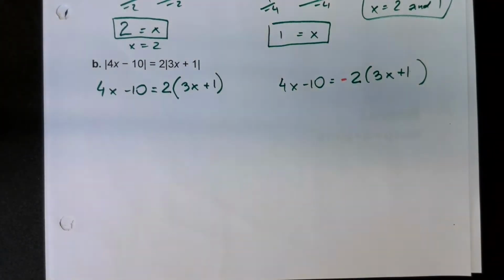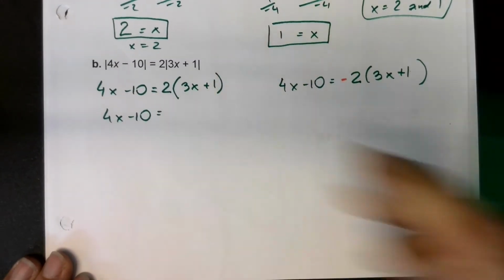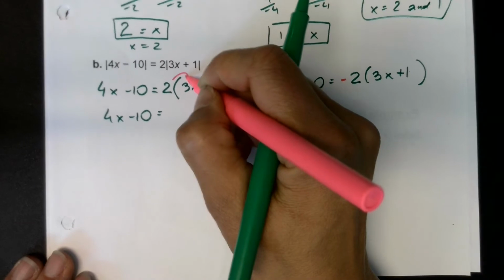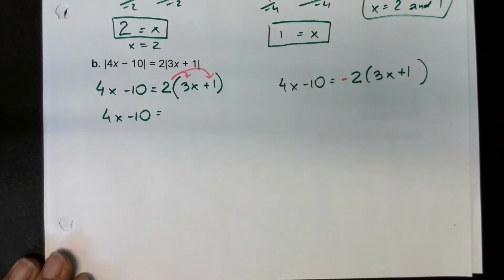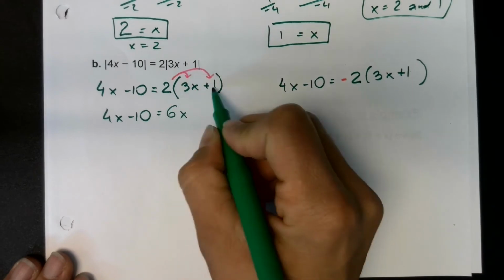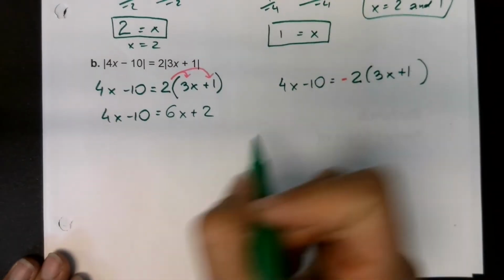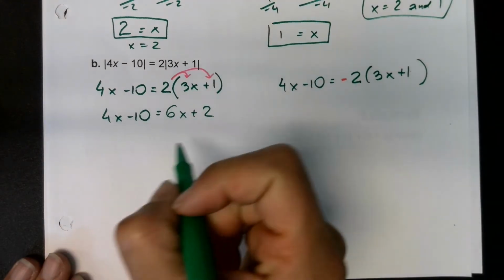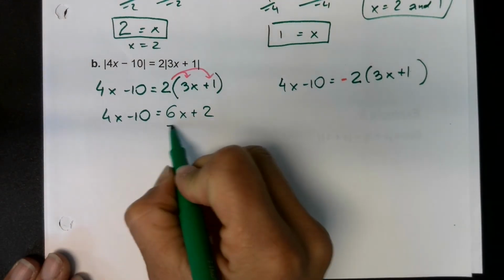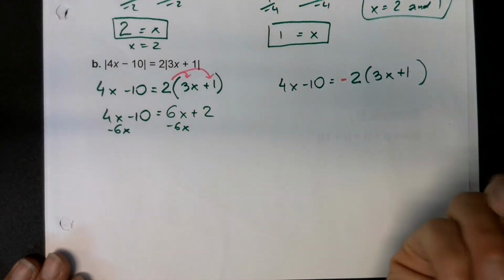And now you're going to distribute. So we have 4x minus 10 equals, and distribute your 2 to both of the numbers. 2 times 3 is 6x, 2 times 1 is 2. And now we get to simplify. You can move 10 first, or whichever one you want. I actually like moving this first, but it's just a preference.